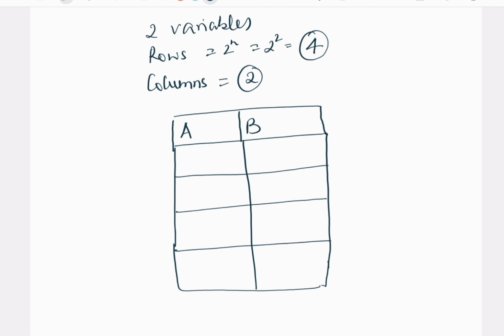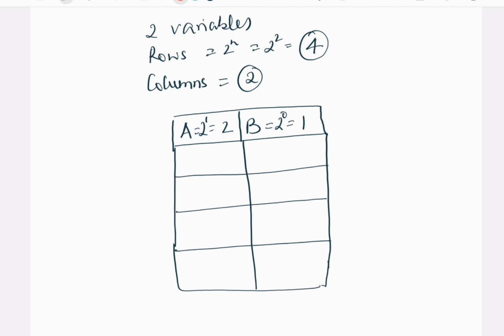This is one trick. Whenever you are writing the variables, always start from the left hand side and go to the right hand side. That's for the variables. For the values, you start from the right side and go to the left side. So we start from 2 to the power 0, which is equal to 1. Increase the power: 2 to the power 1, which is equal to 2. Now what does this mean?